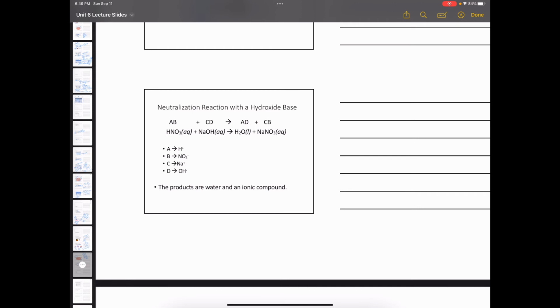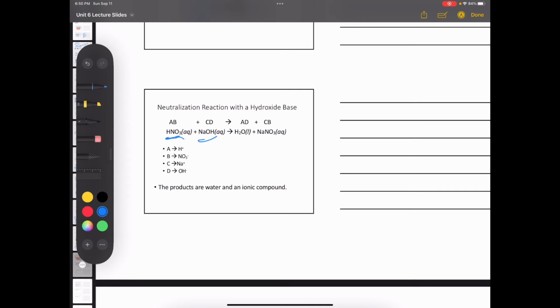Okay, so for a neutralization reaction with a hydroxide base, an example is HNO3 with NaOH. First thing first, we'll have to label our A, B, C, and D. So if we start with AB, which is the nitric acid, my A will be the hydrogen ion, my B will be the nitrate, C will be the sodium, and D will be the hydroxide ion.